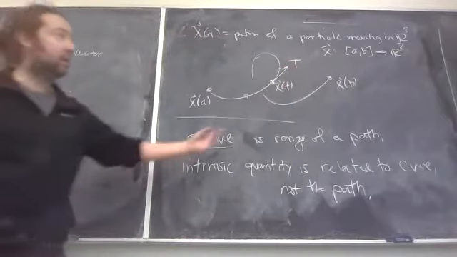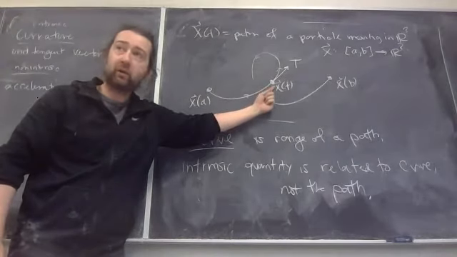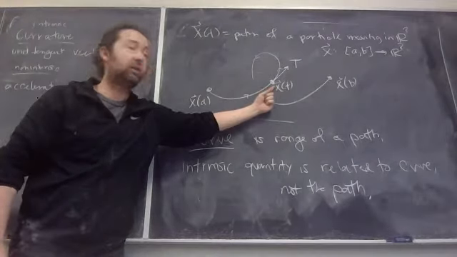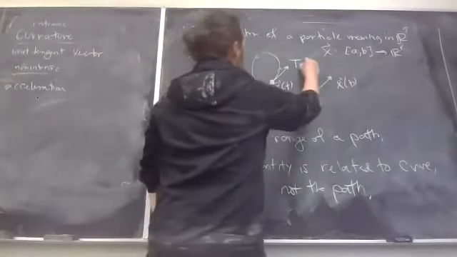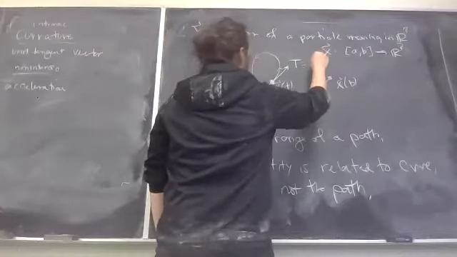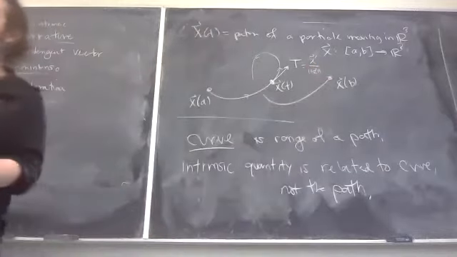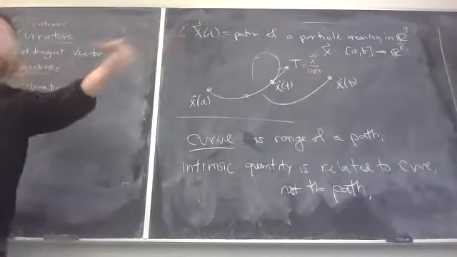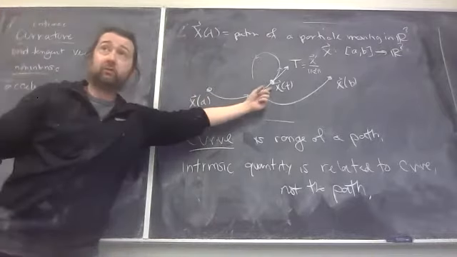Unit vector means it's not keeping track of what x is doing. It's keeping track of the direction x is moving, but it's not keeping track of how quickly it's doing it. Unit tangent you define to be x prime over the length of x prime. So you take the derivative of the function, which gives you a velocity vector, and then you delete the speed out. All that's left behind is the direction the curve is traveling.